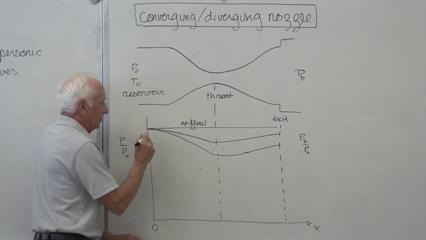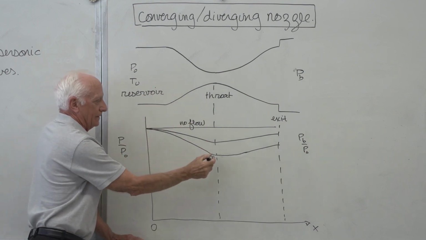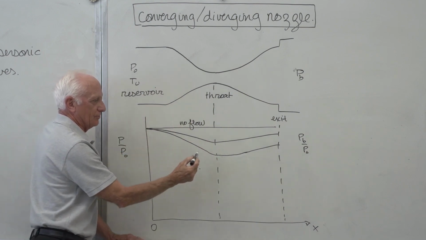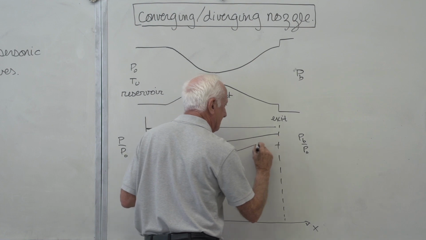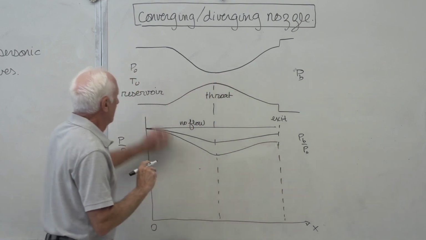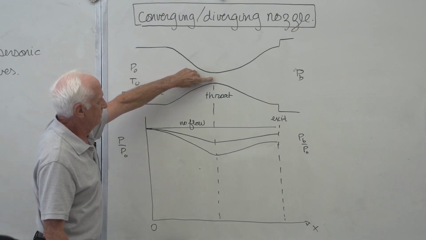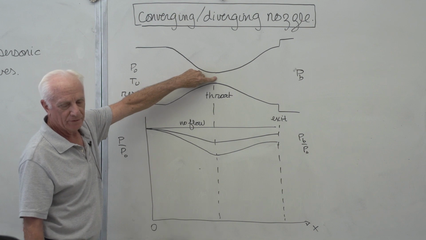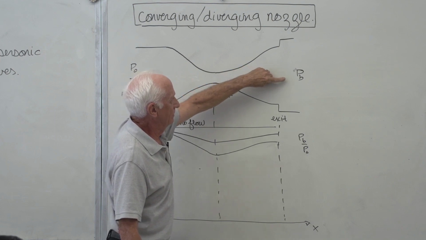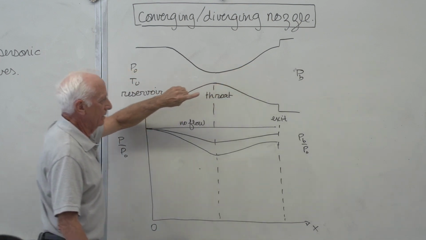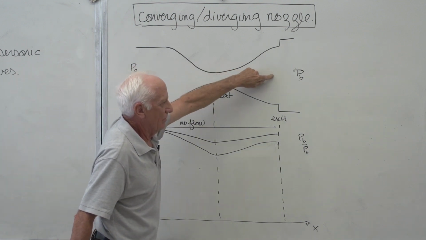Taking this curve I just drew, Mach number in the reservoir 0, then 0.1, 0.2, 0.3, 0.4, reaches 0.4, subsonic. Then 0.3, 0.2, 0.15. Mach number went up, Mach number went down.